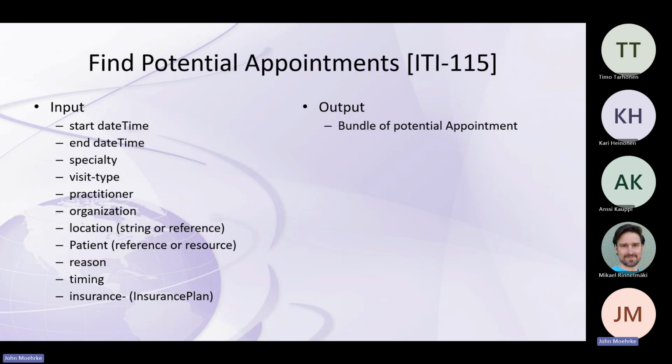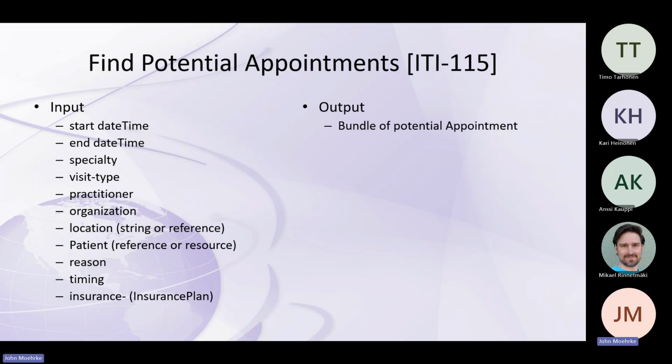These are appointment resources that exist, but they currently have not been committed to. They're not booked. The output bundle could be one or more, so that the client can look at the multiples and further refine which ones they want to use.